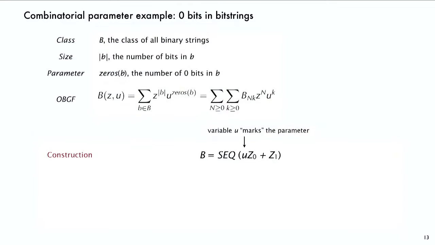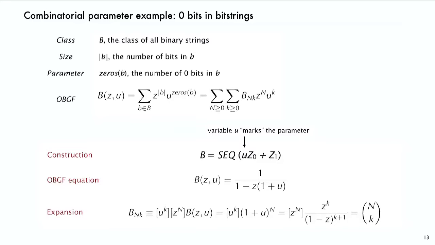Now the transfer theorem immediately translates that to this ordinary bivariate generating function equation. uz^0 translates to uz and z^1 translates to z. So we have a sequence operation applied to a class whose generating function is z times (1 plus u), and then the sequence transfer says it's 1 over 1 minus that. So that's an immediate derivation of the ordinary bivariate generating function for this class.